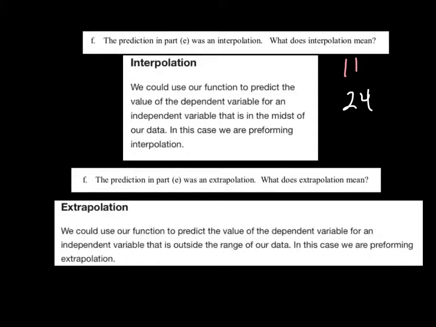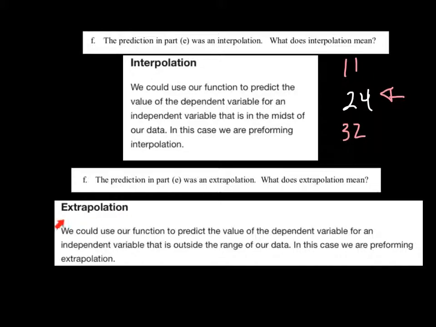The max amount of hours, I believe, was 32 hours. So anytime we use a value like 24, a number that's between 11 and 32, to predict percentage of homework, we are performing what we call interpolation, which is a reasonably good thing, and we can feel pretty comfortable that our answer or our guess is fairly accurate.